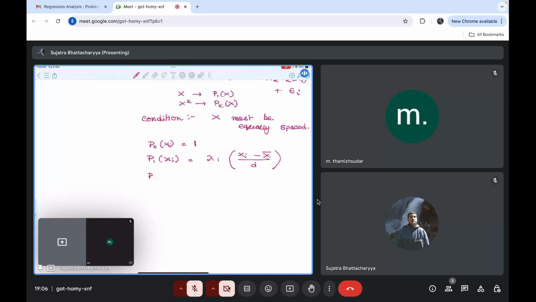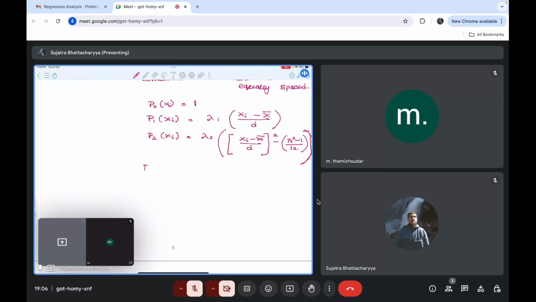Next, P2(xi) can be written as lambda 2, some coefficient, times ((xi minus x bar) divided by d) squared minus (n squared minus 1) divided by 12. This is the second order orthogonal polynomial.